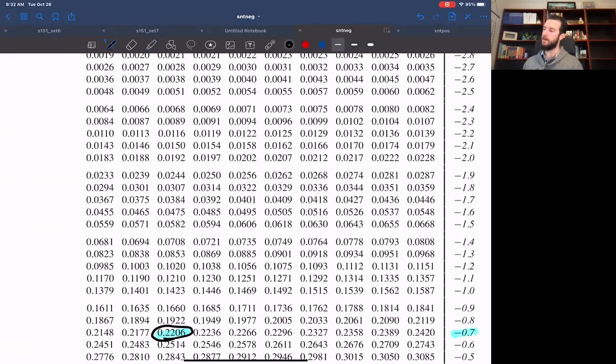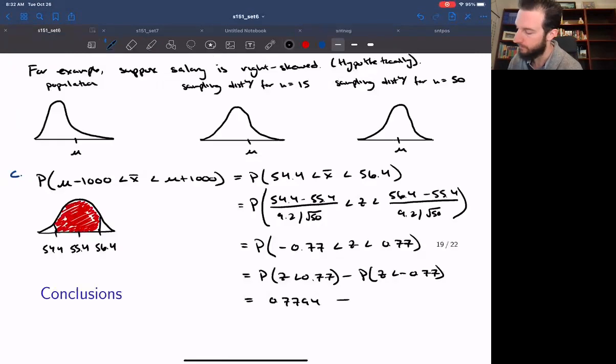The probability of being less than negative 0.77 is 0.2206.